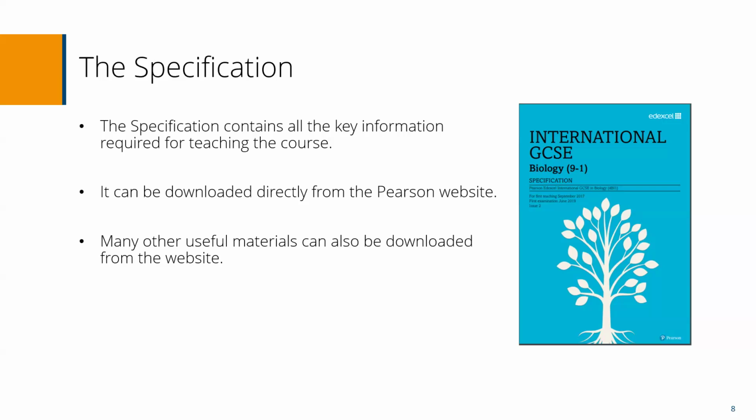If you're working from issue 1, don't panic. Issue 2 was just really correcting a few little bits and pieces, changing the wording about the assessment objectives and things like that in a couple of places. The actual content that you have to teach and all the key information hasn't changed. So don't panic if it says issue 1 on the copy of the specification that you've got.